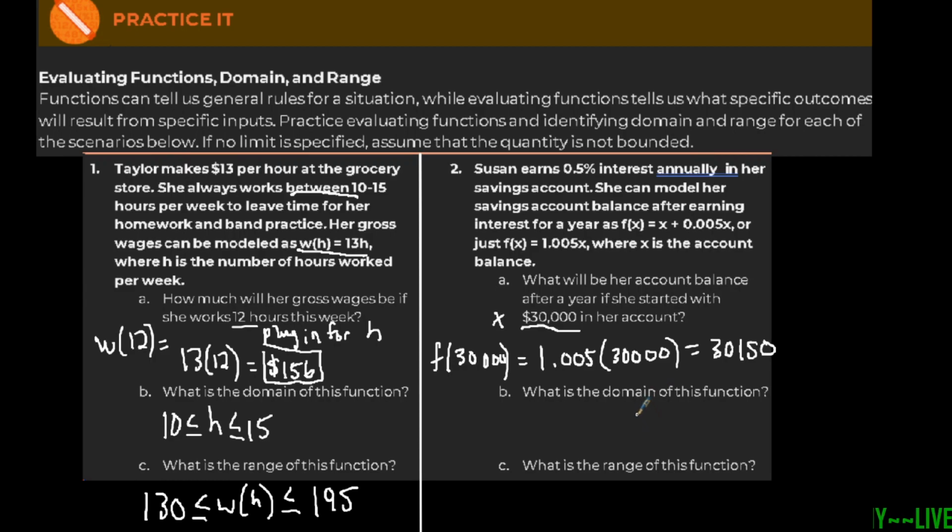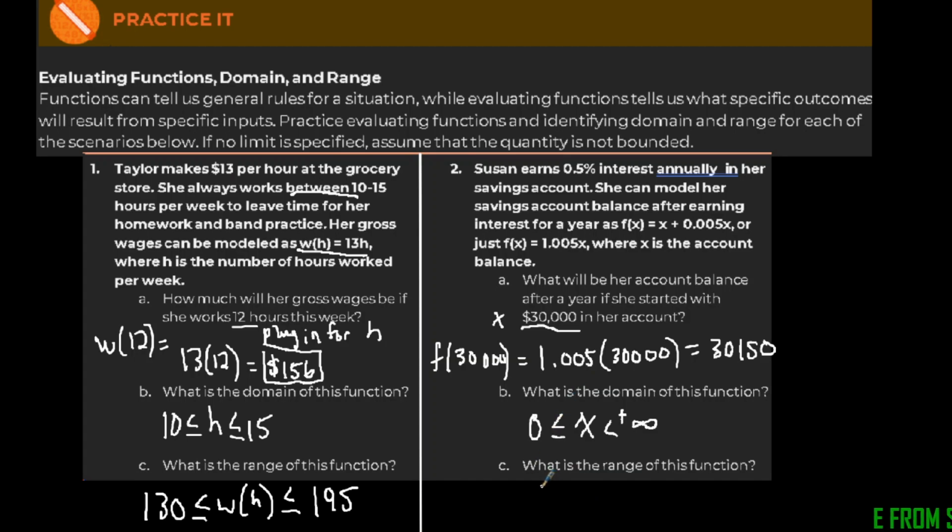So what's going to be our domain for this one? Well, our x value, again, we can maybe have $0 in our account, so we can say something like this. We can say 0 less than or equal to x less than infinity, because maybe we have an upper bound of infinite dollars, which would be tough to do, but it is possible. And then what is the range for this one?